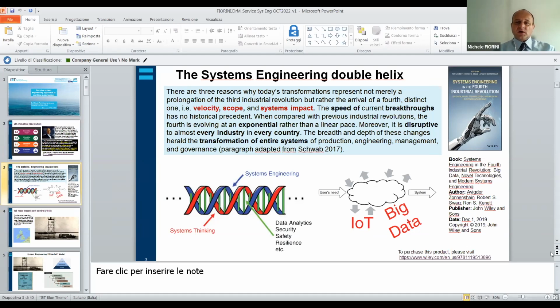We need a much more joint approach, classic system engineering with system thinking, in order to have a global overview of the context. So follow this generic approach.